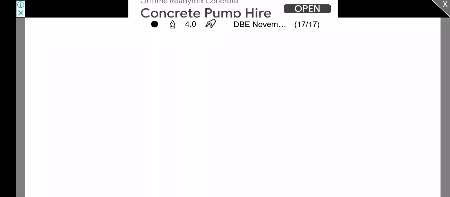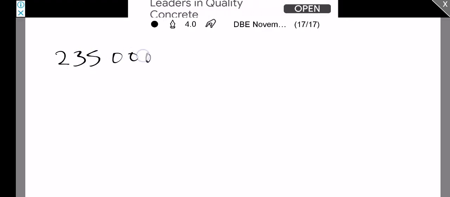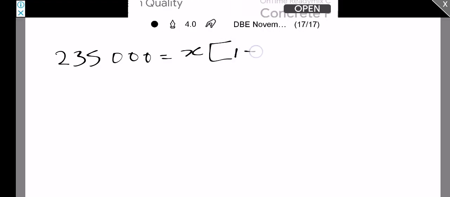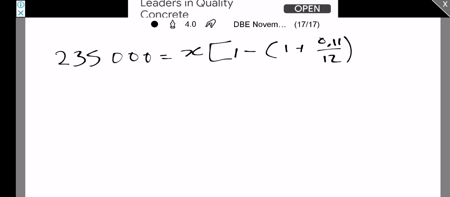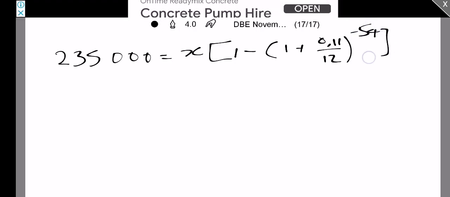Now make x the subject of the formula. Let me just rewrite that whole expression we had. It was 235,000 equals x into 1 minus 1 plus 0.11 over 12 to the exponent negative 54, over the interest rate.